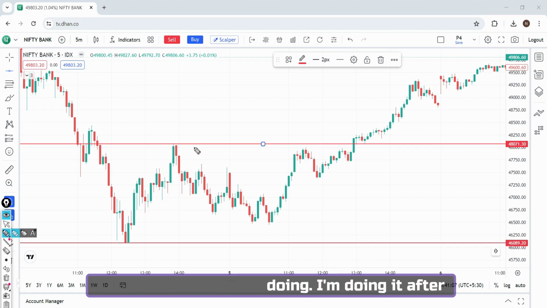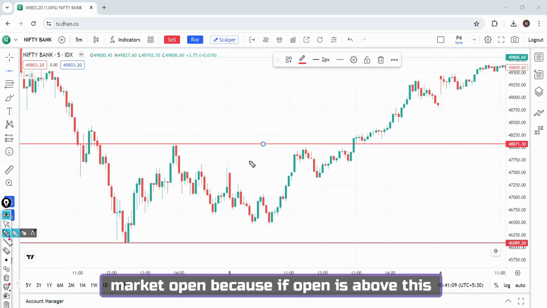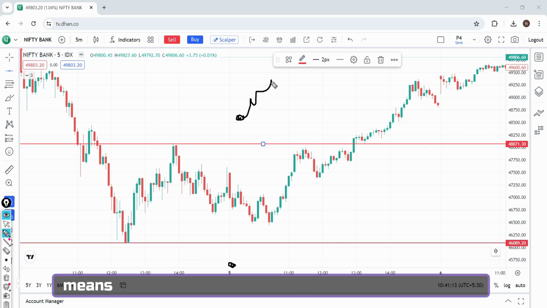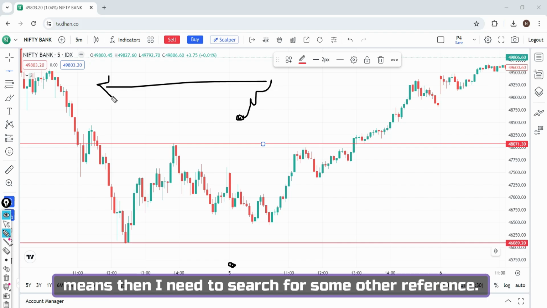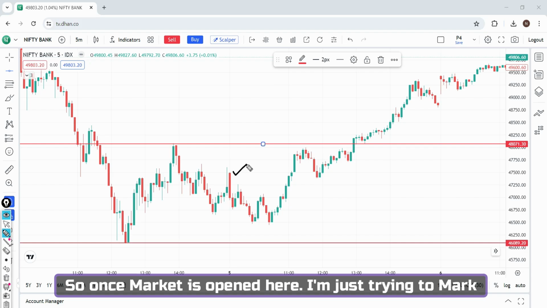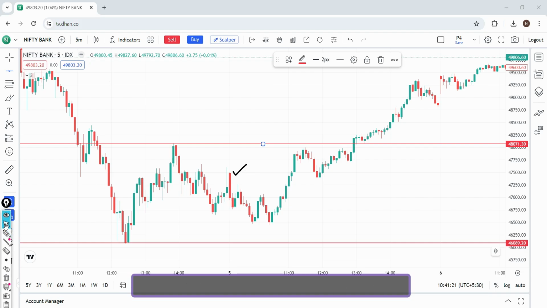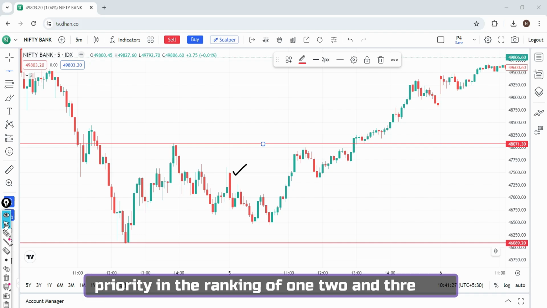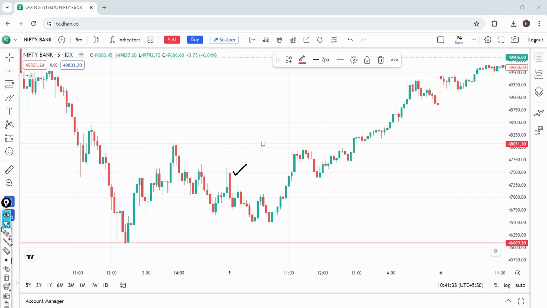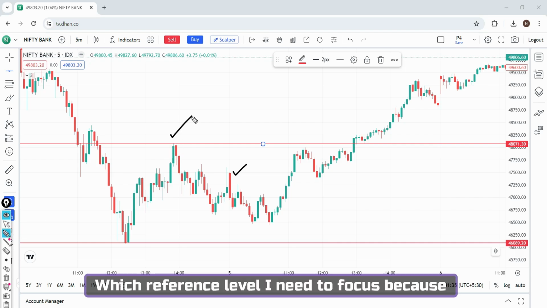I am doing this after market open, because if the open is above this level or below this level, with price moving up, then I need to search for some other reference level. So once the market has opened here, I am marking the fast reversal levels and giving priority ranking of 1, 2 and 3, so that I am very clear which reference level I need to focus on.